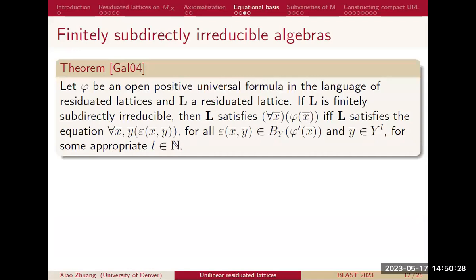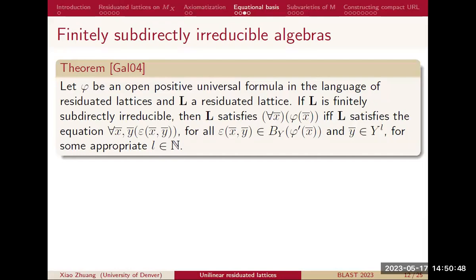The next step should be to talk about the generators, which are the subdirectly irreducible algebras inside the variety. But here, instead of the subdirectly irreducible ones, we talk about the finitely subdirectly irreducible algebras.